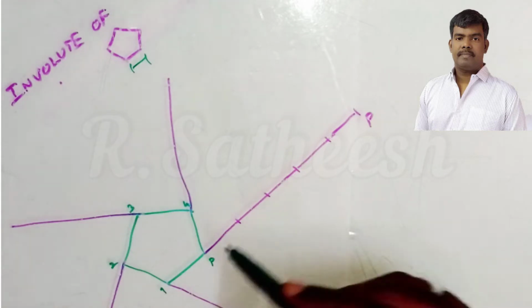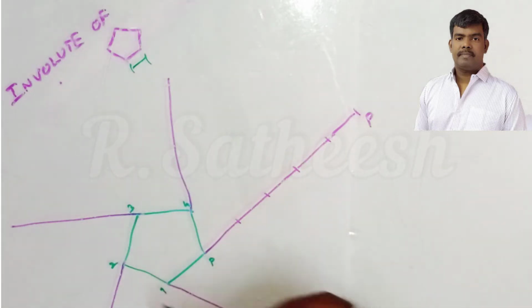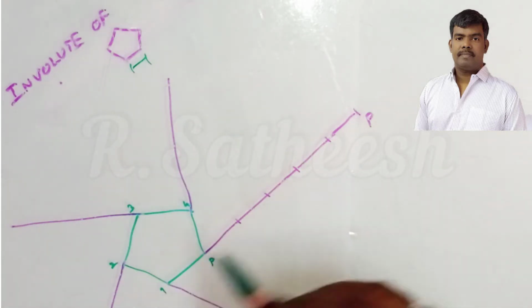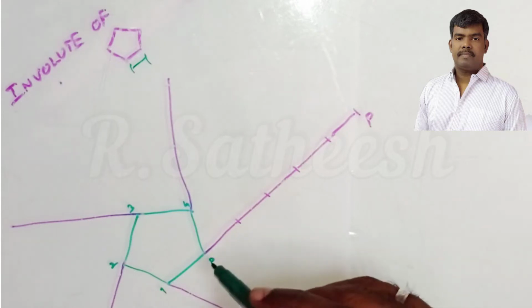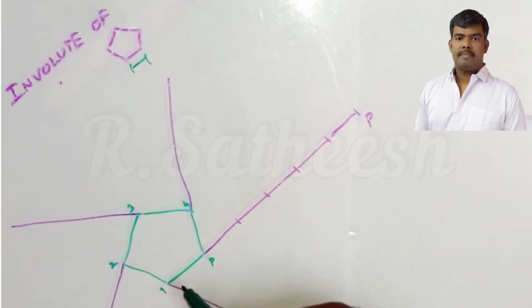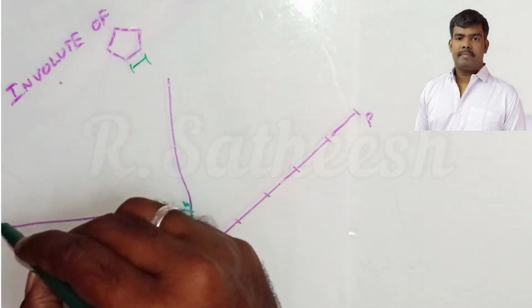Clear. In a circle we take P to 1 as the radius, 1 to P1, P to 2 as the radius, 2 to P2 like that. But here all are straight-line distances. Therefore P to 1, the polygon size is 30, from here to here is P1. Next P to 2 distance is 30 plus 30, 60, so this is P2.